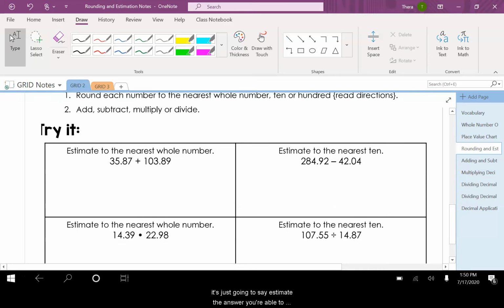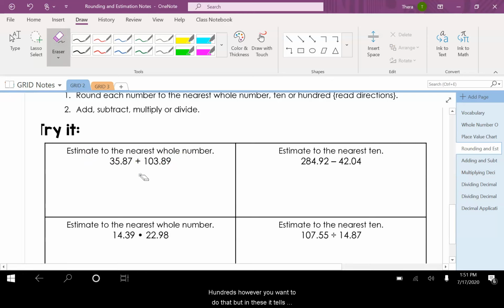Now sometimes it's just going to say estimate the answer. You're able to decide how you want to estimate that. For instance, if it had this problem right here and it just said estimate, you could decide whether you want to estimate that to the ones, tens, hundreds, however you want to do that.